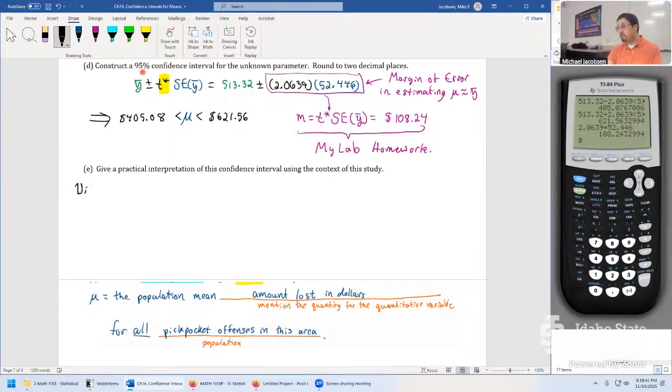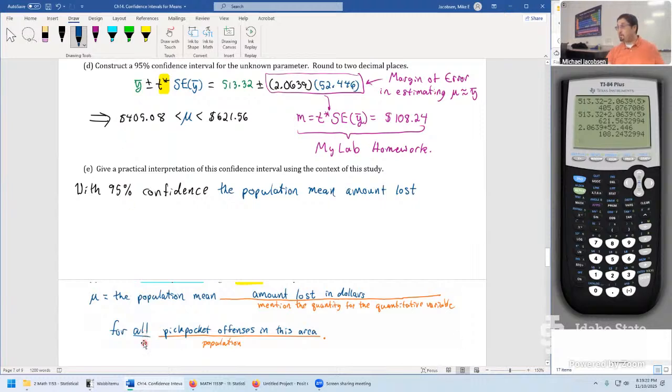So we'll say with 95% confidence. Next, we come down here to this level. We're just now at this stage trying to say, what are we estimating in the first place? So we rewrite again what mu was. We'll say with 95% confidence, the population mean amount lost, and I'm going to leave off the parts in dollars because we're going to mention the dollar sign, so that part will be clear.